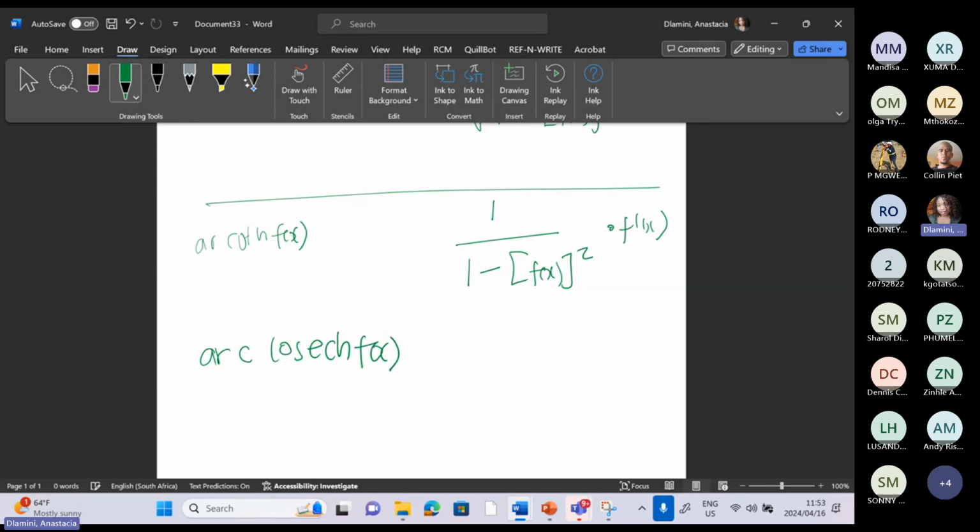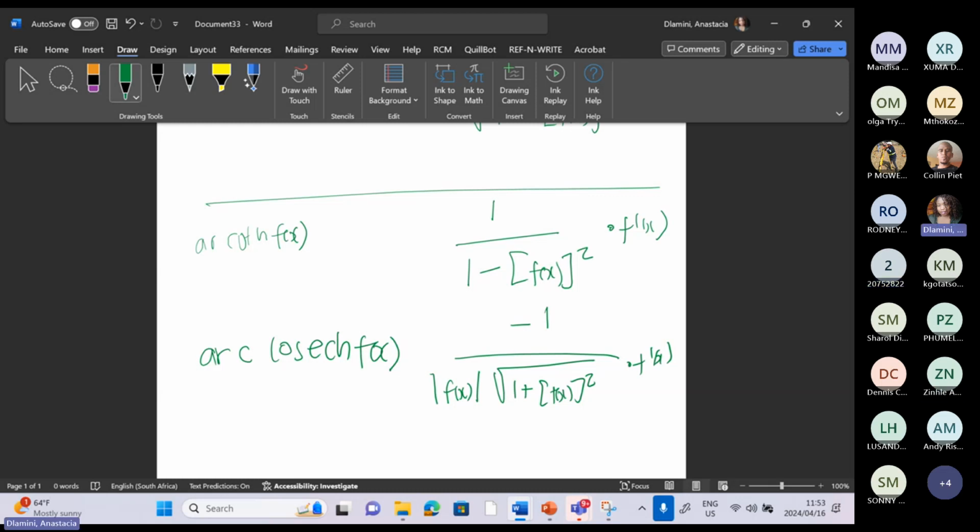The derivative there is -1 over the absolute value of f of x times the square root of 1 plus f of x squared, times the derivative of f of x. Are we all together? Yes, ma'am. What we just need to fix is the absolute value of f of x.